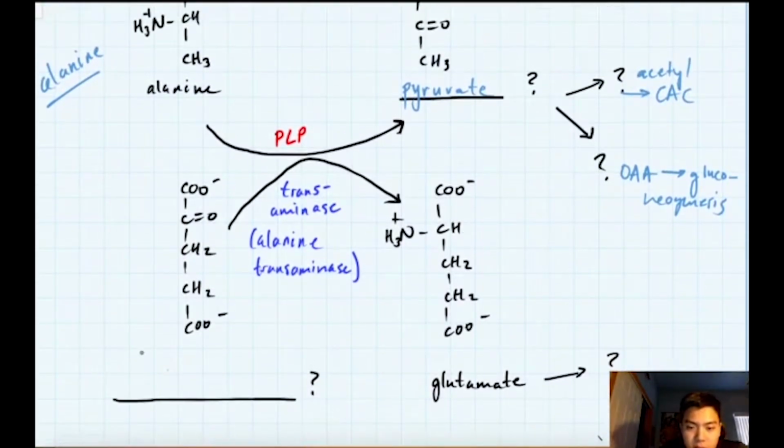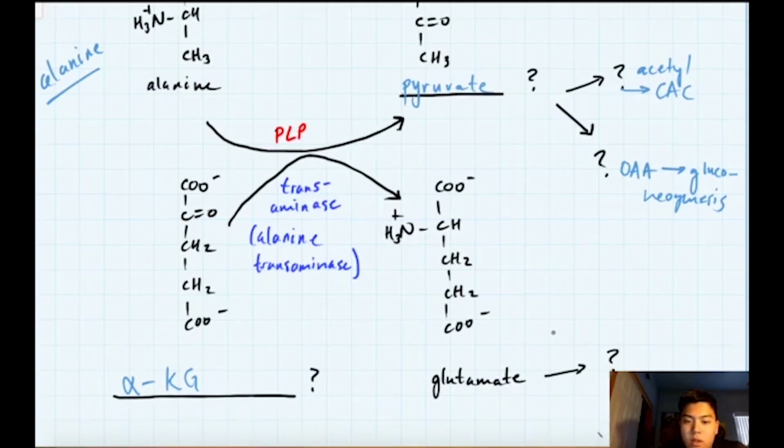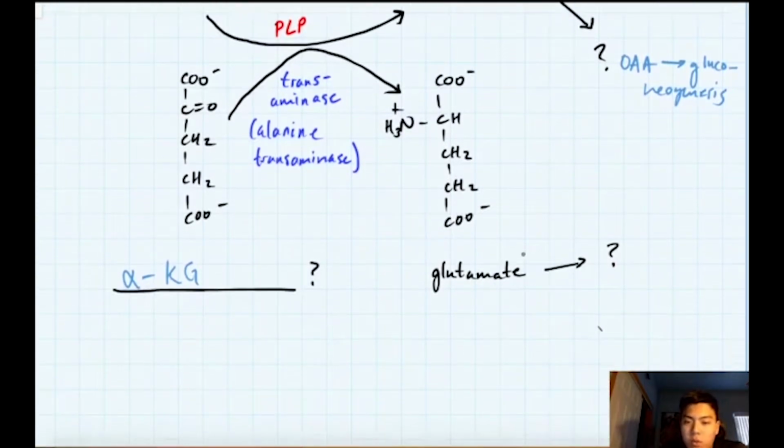And what was this guy again? Do you guys remember? Oh, this guy is alpha ketoglutarate, right? Alpha, so C1, alpha beta position, alpha ketoglutarate, CH2CH2COO, all right? And then what was glutamate used for again?